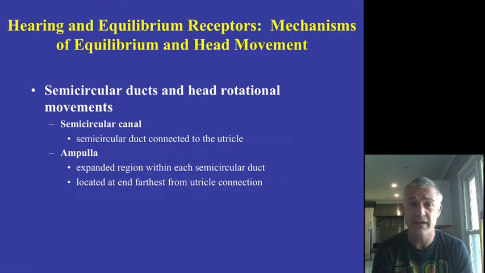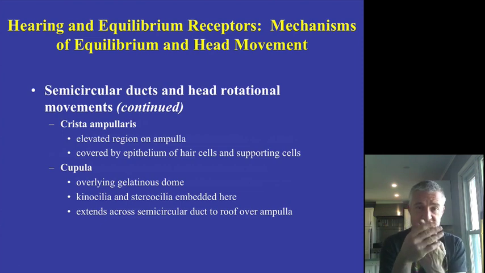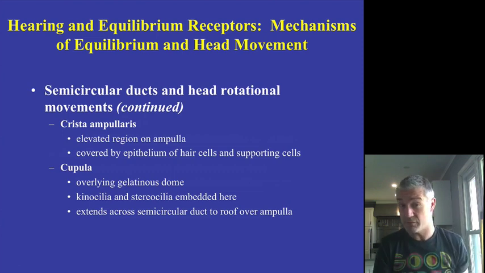The other thing we're going to look at is the semicircular canals and the ampulla, which is the main place where the receptors are for this type of equilibrium. Within that area, you have the crista ampullaris, where we have cells with the kinocilium and the stereocilia embedded in a gelatinous structure that looks more like a mushroom top.